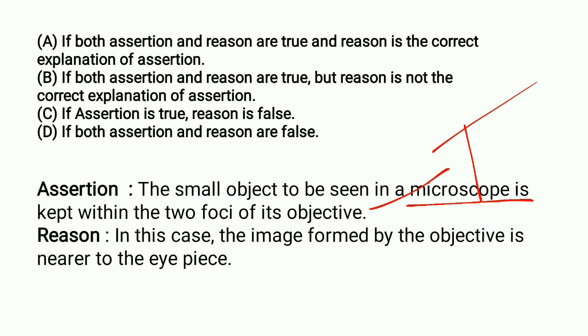Now the reason: in this case, the image formed by the objective is nearer to the eyepiece. So this statement, the reason, is false, right? The image formed by the objective is not nearer to the eyepiece. So the reason statement is false. So the first statement is correct and the reason is false, which means option C is the correct answer.